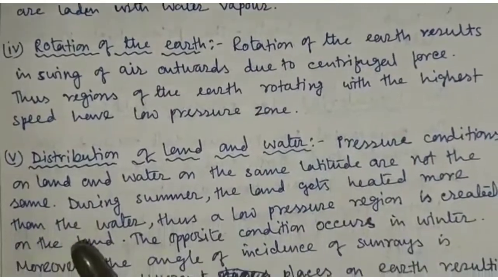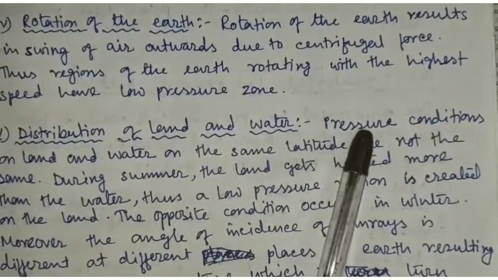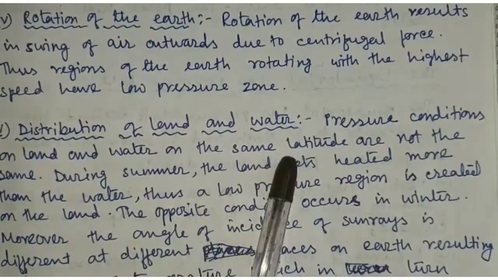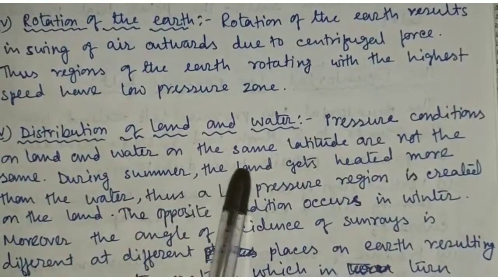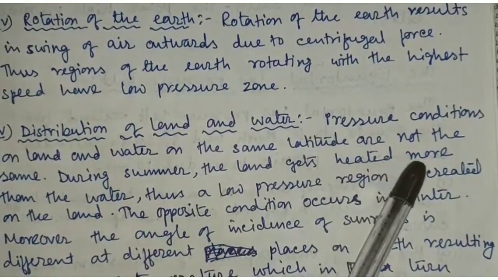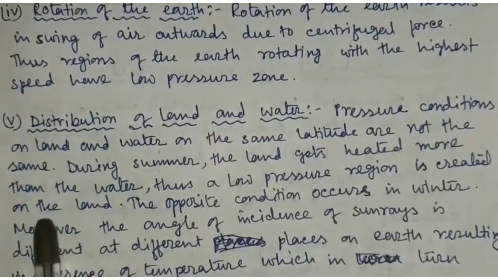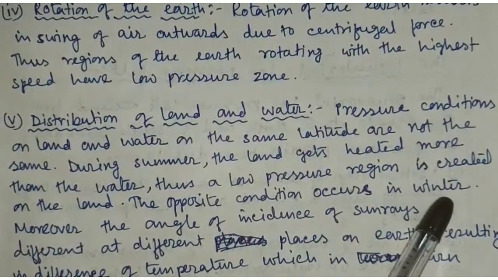Number 5, distribution of land and water. Pressure conditions on land and water at the same latitude are not the same. During summer, the land gets heated more than the water, thus a low pressure region is created on the land. The opposite condition occurs in winter.